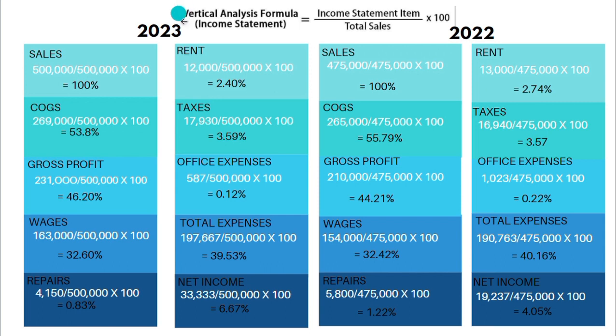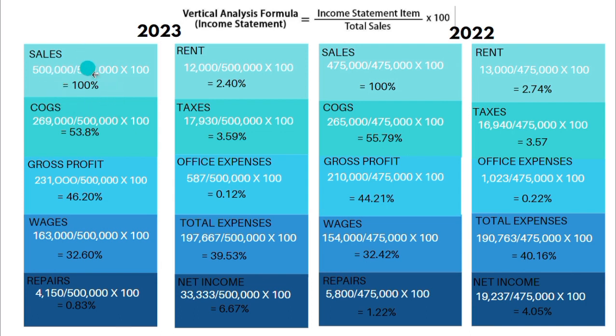So, the formula to get the vertical analysis of an income statement is income statement item divided by total sales times 100. So, lahat ng item ay i-divide lang sa total sales. So, sa 2023, to get the sales, 500,000, which is yung total sales, divide by 500,000, which is yung total sales, then i-divide lang by itself, times 100 is equals to 100%.